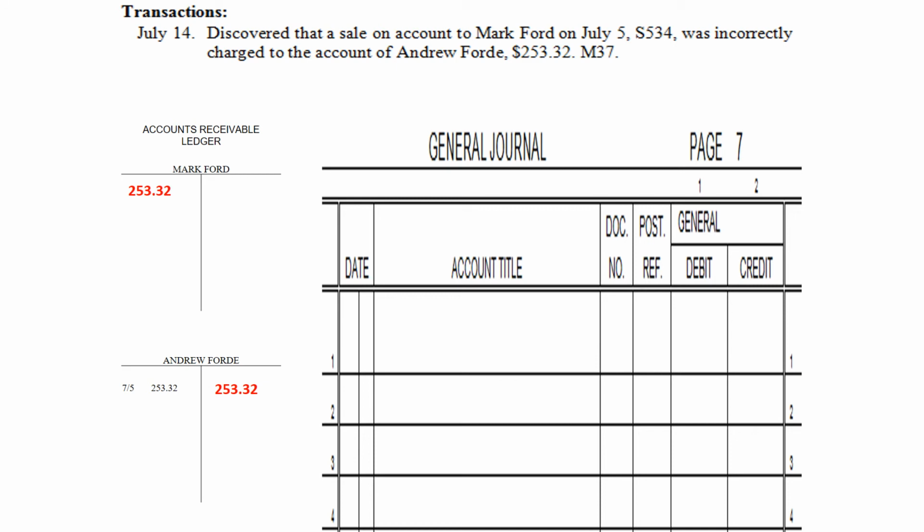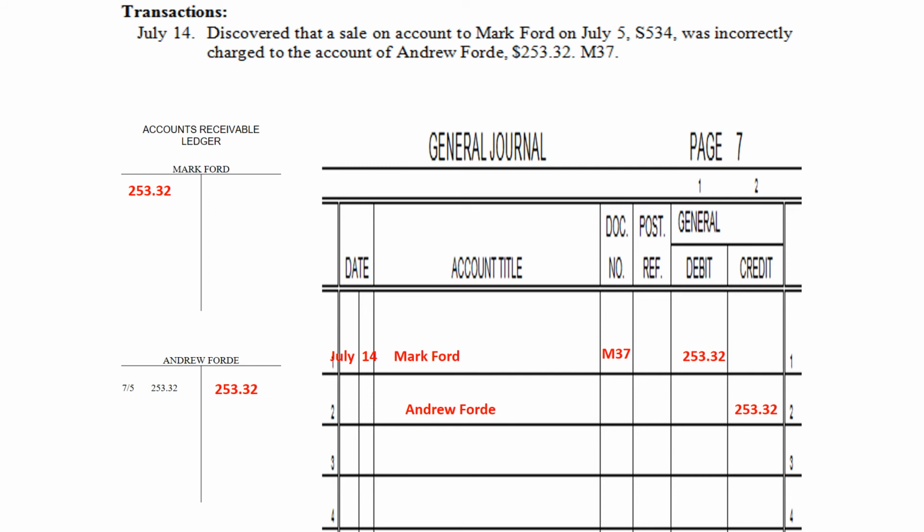And it's very simple how we do it. We actually don't need to use the controlling account. We're just going to stay within the accounts receivable subsidiary ledgers. So we don't need to put accounts receivable / Mark Ford, because that is not impacted. Rather, it's the subsidiary ledgers that are impacted. We are going to put Mark Ford as a debit for 253.32, and Andrew Ford as a credit for 253.32.